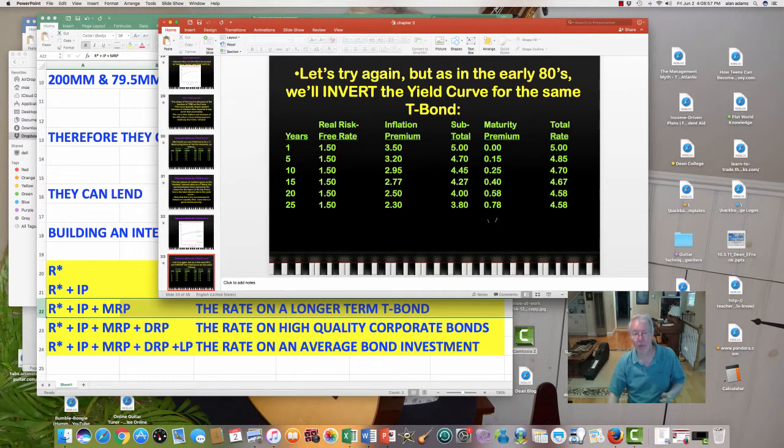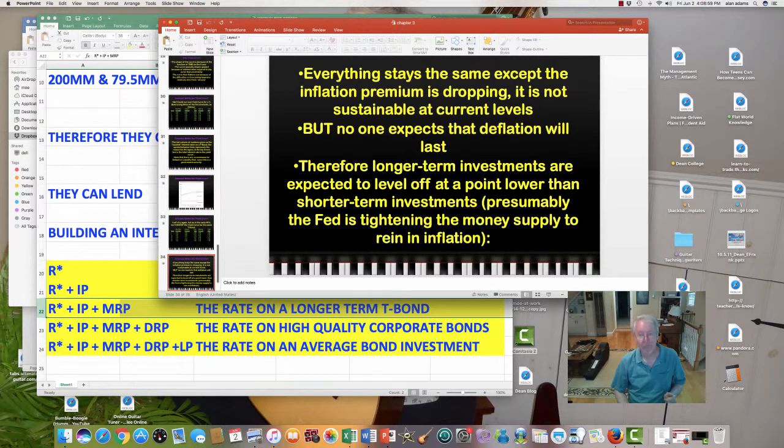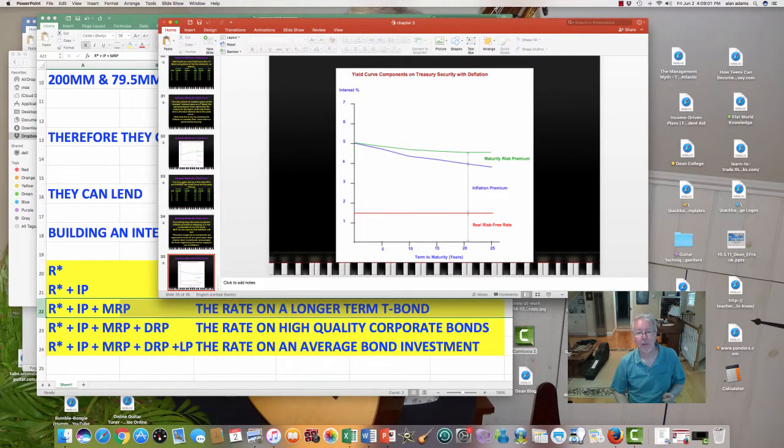Now watch what happens when I plot these on a curve. There it is. Again, this is all in the book. Now you'll notice the red line stays the same. Here's an important thing. The green line continues to grow because, again, with more time comes more uncertainty. The only thing that really drastically changes is the blue line.